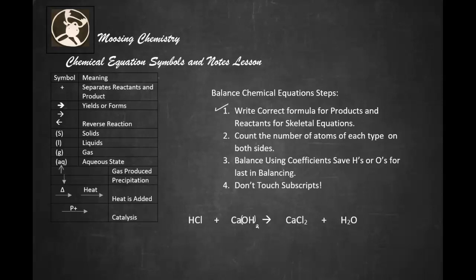All right, so now we count the atoms of each type on both sides. When we do that, we're going to want to set up a table, right? So let's draw the table right here.